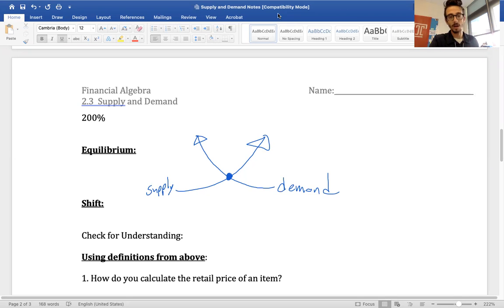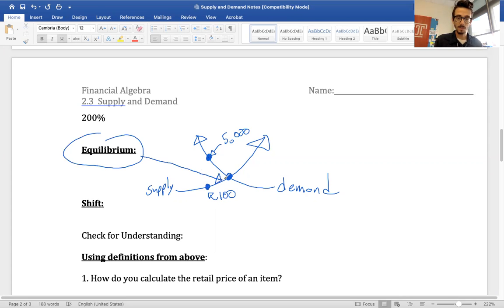Everyone who wants one's going to get one. Sometimes a company makes too much or makes too little, in which case the demand is very high. Like let's say here, 5,000 people want a PS5. And this is a pretty common issue, but Sony only made 100. So they had all this money they could have made, but the main thing here is that our equilibrium kind of balances it out for both of these lines. Hope that helps. And the shift talks about how the function moves.